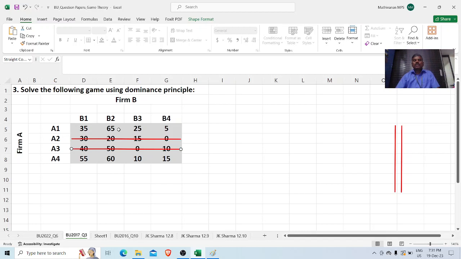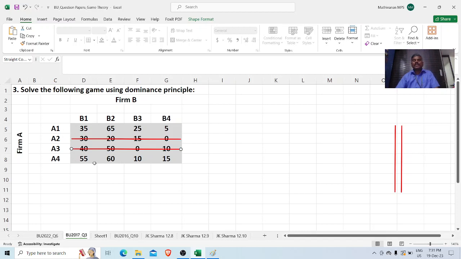B2, when A1 is used by firm A, will result in a loss of 65 points. When firm B uses the second strategy and firm A uses the fourth strategy, again B will end up in a loss of 60 points.